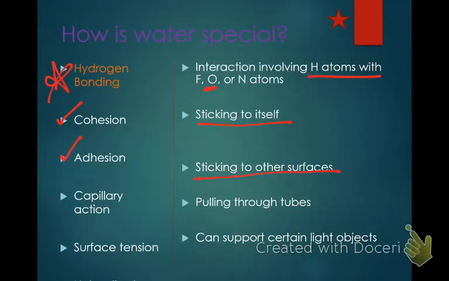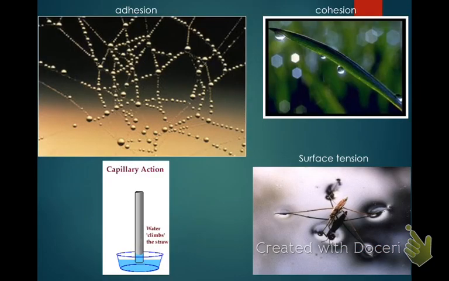And adhesion is like what plants use to make it go up. Capillary action is actually pulling the water through tubes, and surface tension can support light objects. So here's some examples of cohesion and adhesion. Okay, and here's an example of capillary action and surface tension.